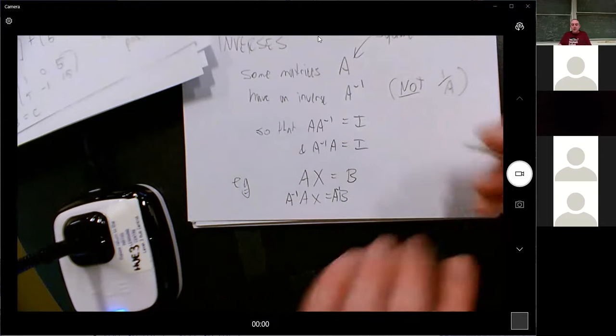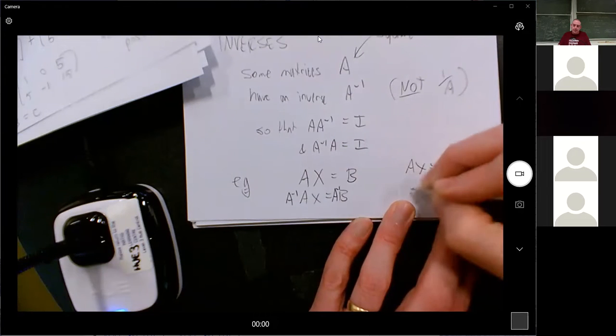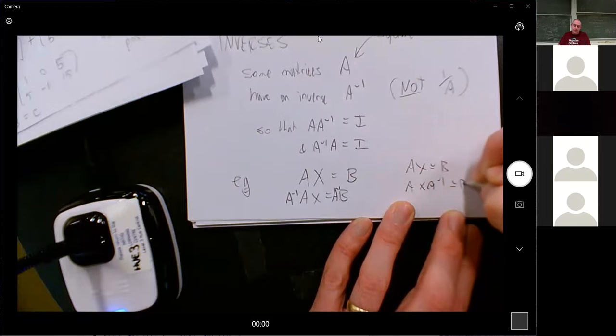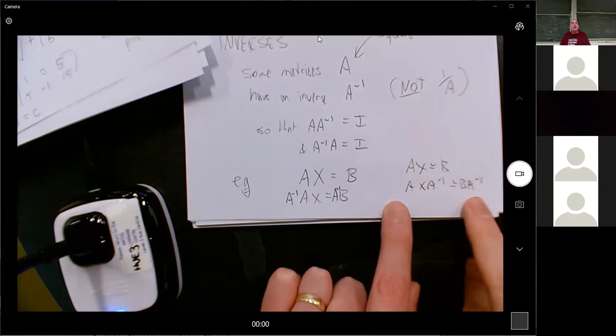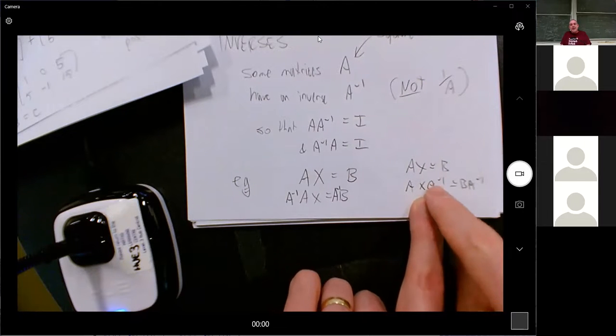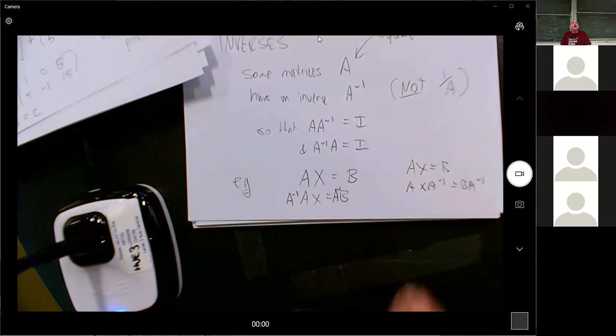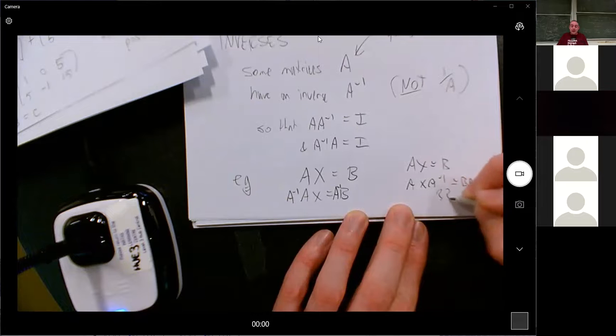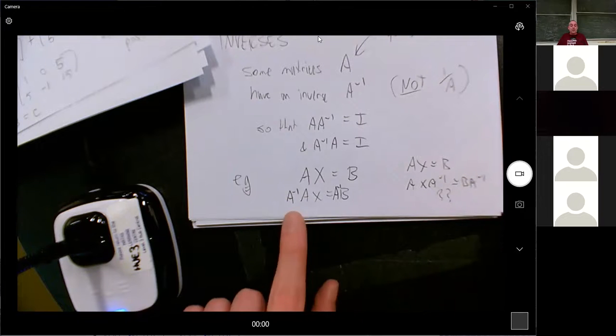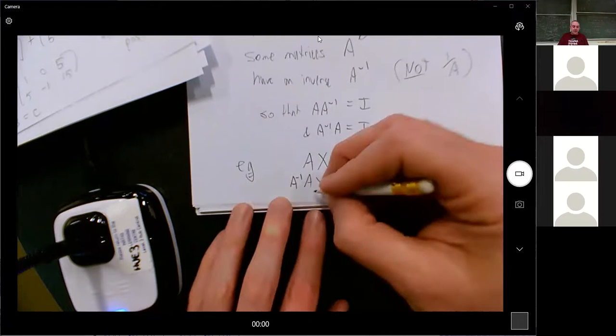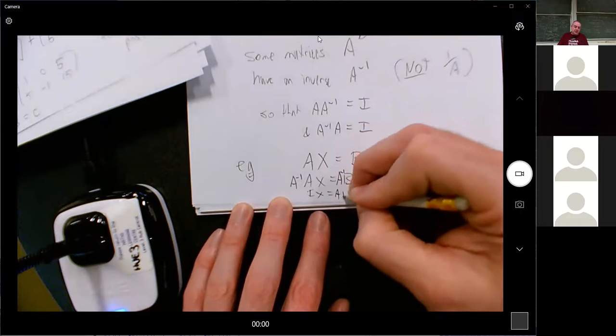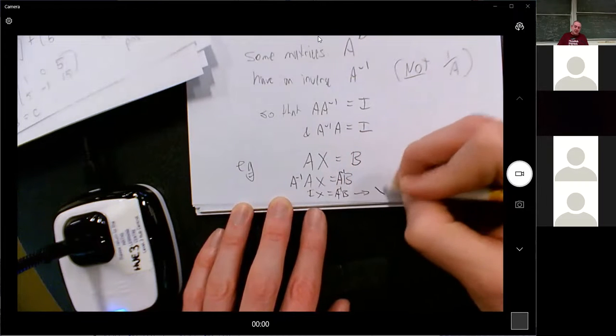You can multiply on the right-hand side, it just doesn't tell you anything because the A inverse is not next to the A, and so I can't tell what it's going to work out to be. It really matters which order matrix multiplication is done in, and you get a different answer if you do it in a different order. So there is absolutely no guarantee that this will work out to X. But this will, because A inverse times A is the identity, and I times X is X.